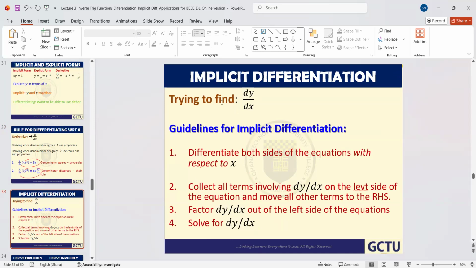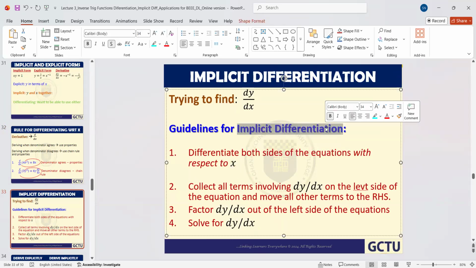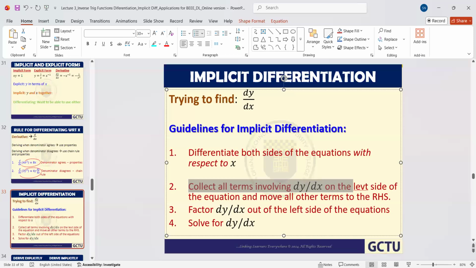dy dx, we want to differentiate with respect to x. So differentiate both sides of the equation with respect to x, using implicit differentiation. Whatever the function is, because x and y are together, the left-hand side of your relationship you differentiate with respect to x, and the right-hand side, you do the same thing. Then you collect like terms involving dy dx on the left-hand side of the equation, and move all other terms to the right-hand side.